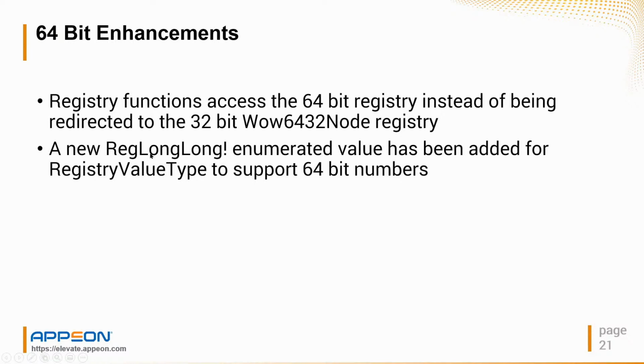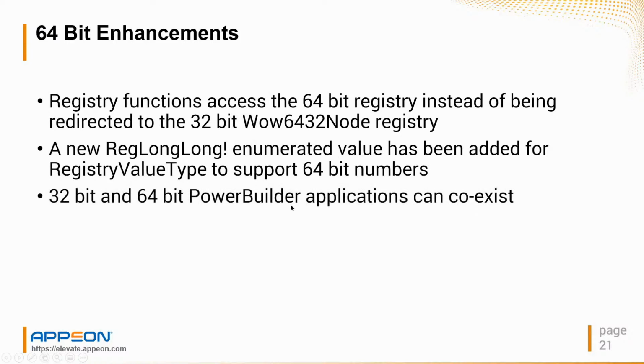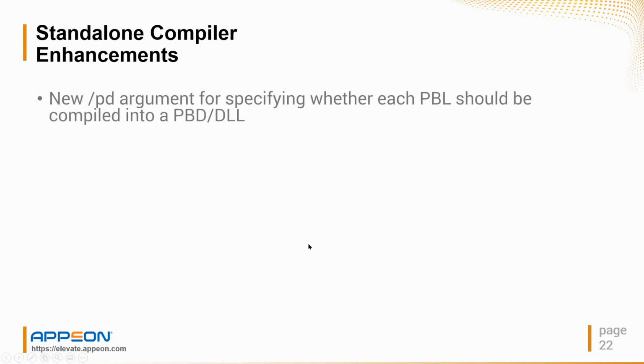So what's been done is they've added a new reg long enumerated value in order to indicate that the data that needs to come back or be sent into this particular registry value can handle up to 64 bits. So that's now fully supported. And then finally, 32-bit and 64-bit applications can coexist. There's no runtime conflict.